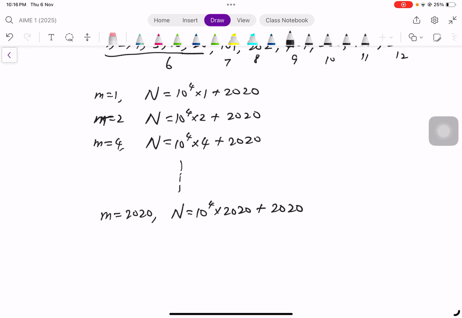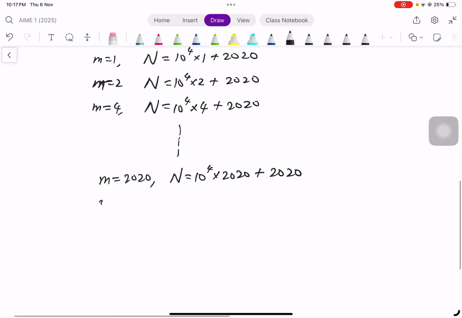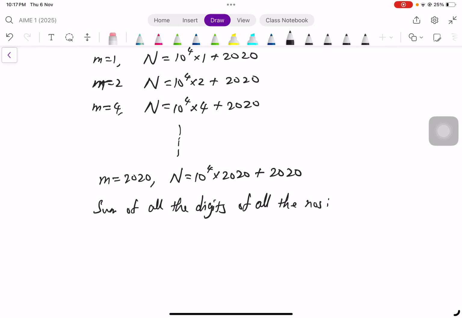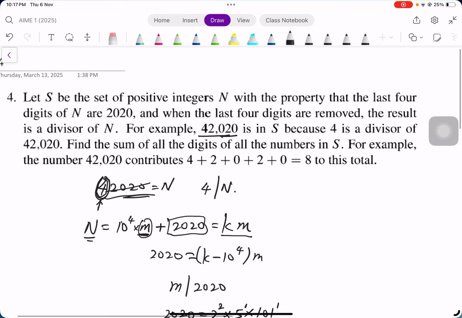Therefore, the sum of all these digits is the sum of all the digits of all the numbers in S. S is the set of positive integers with the property that the last four digits of n are 2020, and when the last four digits are removed, the result is a divisor of n.